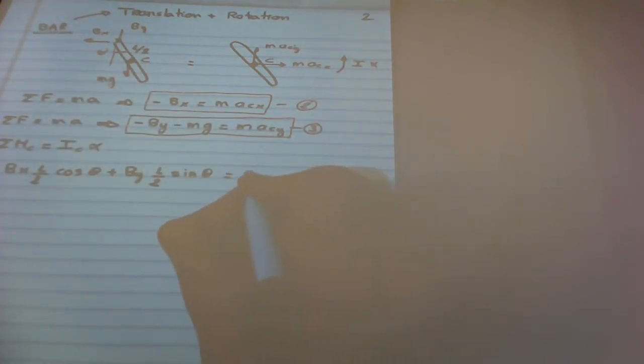Anything else? No. And that would be equal to IC alpha. Here I didn't put it, but if you want, alpha is equal to theta double dot. And this should be equation 4.